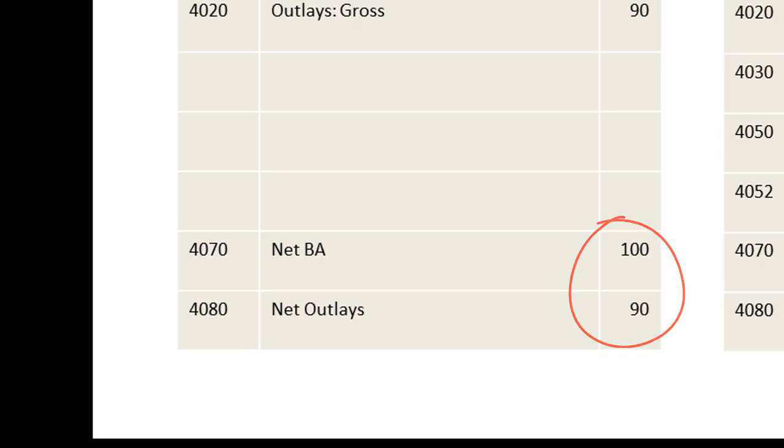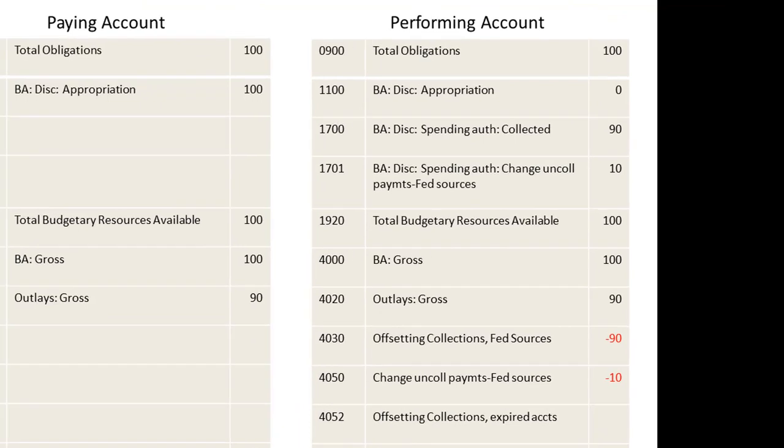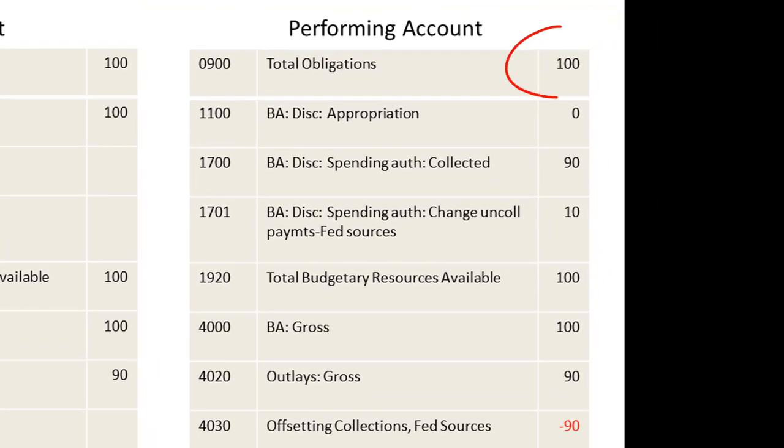Now, let's look at the performing account. Again, we see $100 in total obligations. There is no appropriation. In our example, the performing account receives all of its spending authority from the paying account.